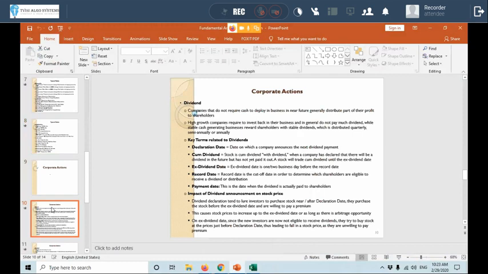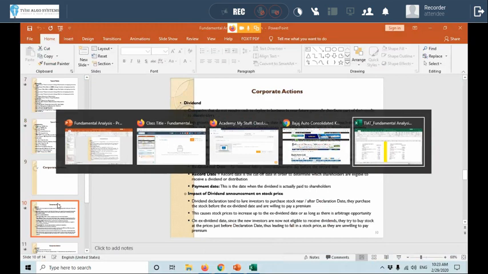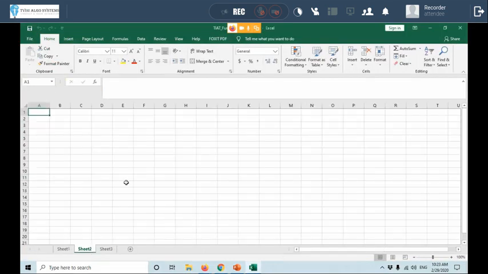So from Monday, obviously now people know that Bajaj Auto will pay me dividend. Say suppose they say we will pay you a dividend of 5 rupees. We will take an example in Excel. Suppose the price of Bajaj Auto is 100 rupees.